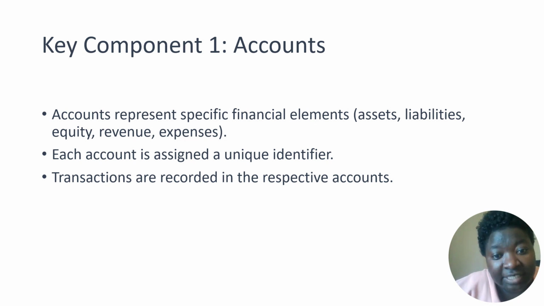Each account is assigned a unique number. What do we mean? When you're opening up your chart of accounts, for example, in a company like Science Logistics where I'm working, we have an accounting system, and you have to assign identifiers. Even in the books that we write, we have payment vouchers, but you attach a serial number to be able to identify which payment voucher number I spent on which date.